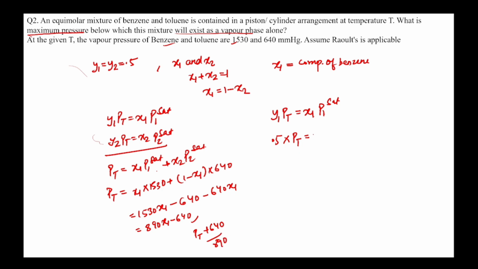Okay. So Pt minus 640 divided by 890 into 1530, right? So 890, 445, I think. 890 divided by 2, 445.